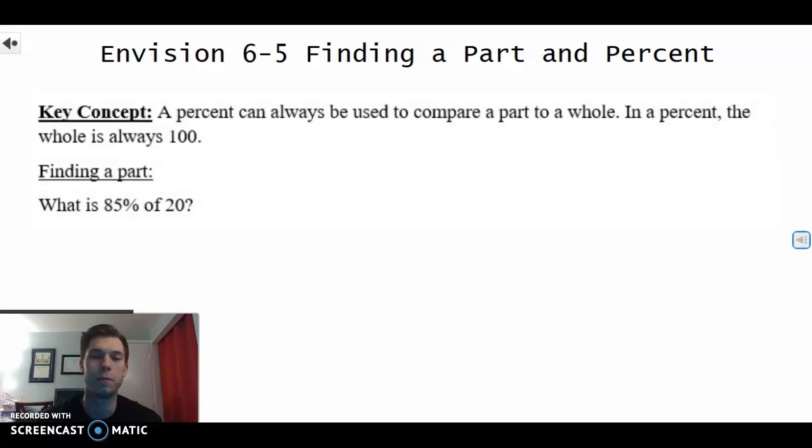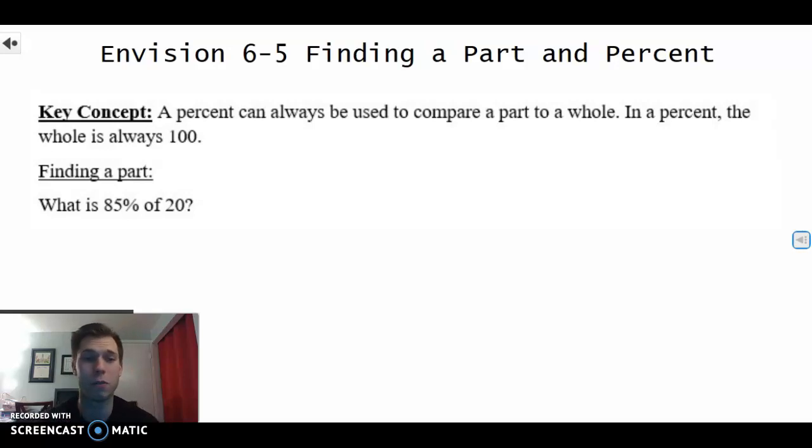Okay. Today we're actually towards the end of topic 6 already. Hard to believe, right? Since we've done 2 lessons, we are skipping over 6.3 and 6.4. We're going right into 6.5 today, and then on Thursday, you guys will be doing 6.6. 6.5 and 6.6 are very similar, just a tad different.